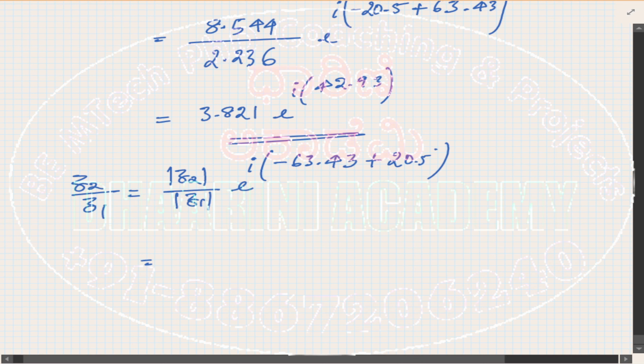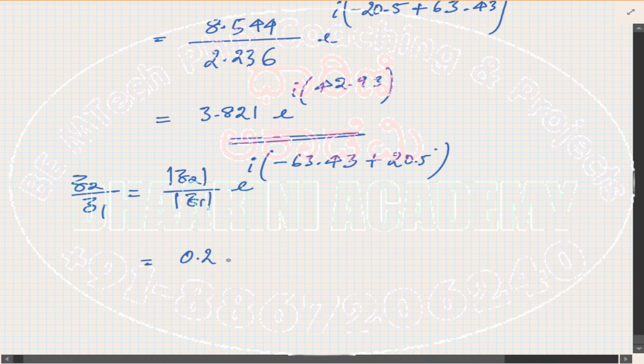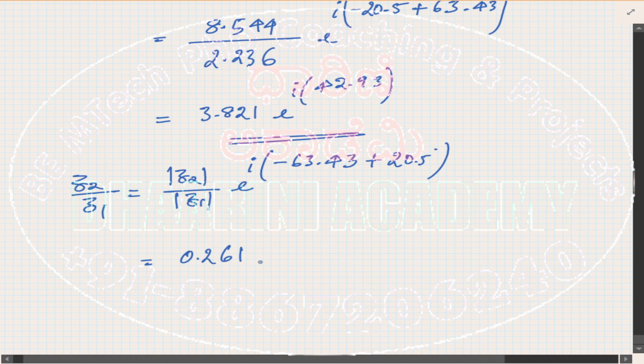So Z2 by Z1 is equal to 0.261. Now we have 20.5 minus 63, so the answer becomes negative: e to the power minus i times 42.93.